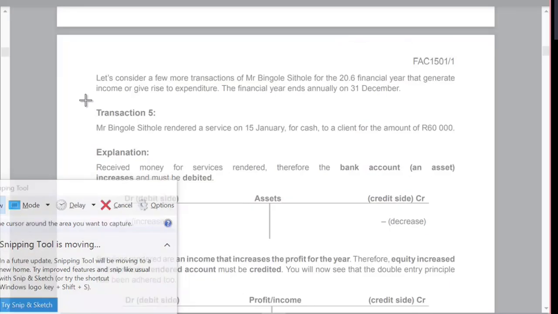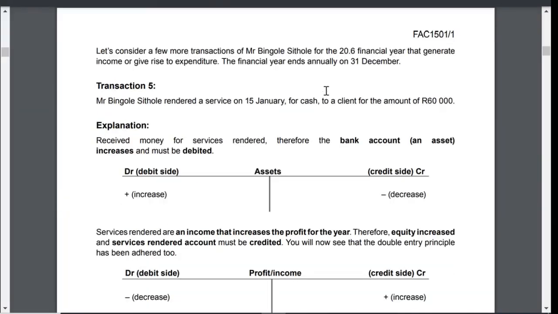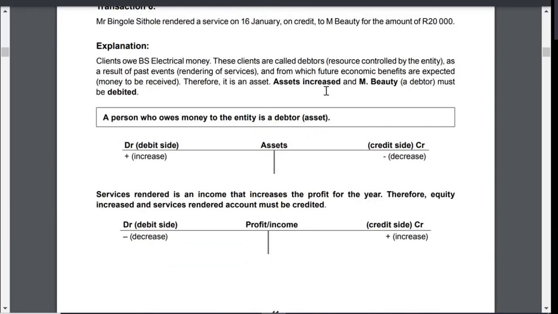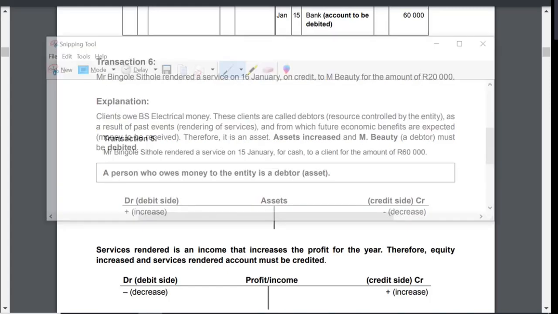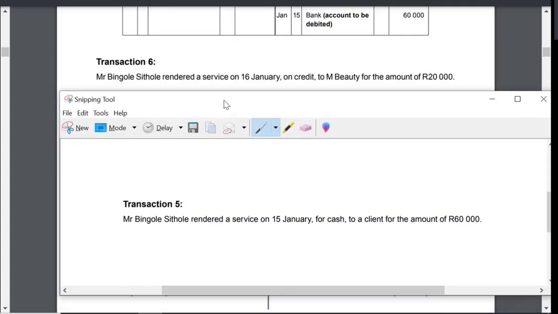Look at transaction number 6 and transaction number 5 together at the same time. Tell me what's the difference between those two?